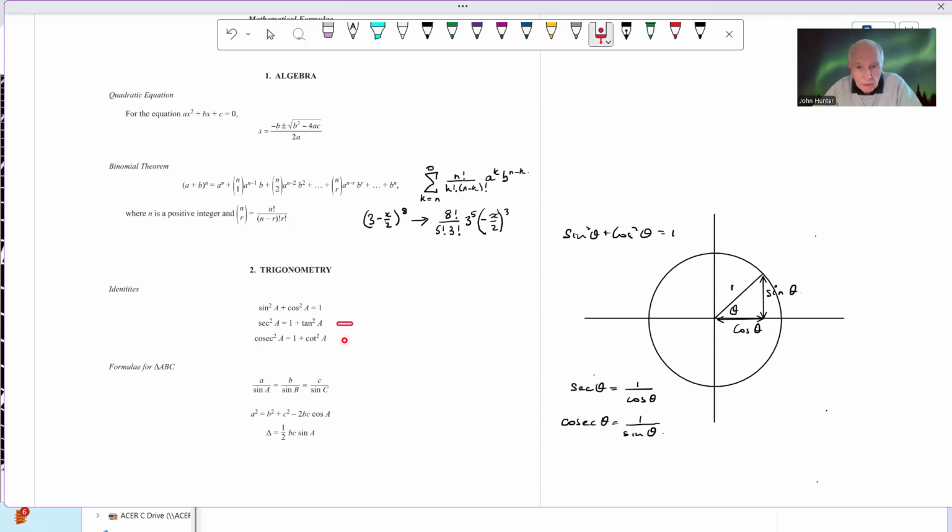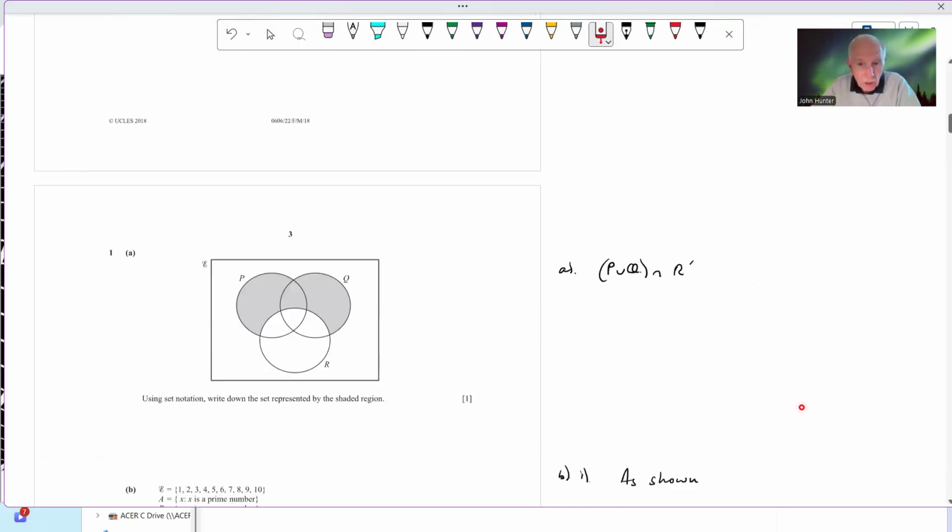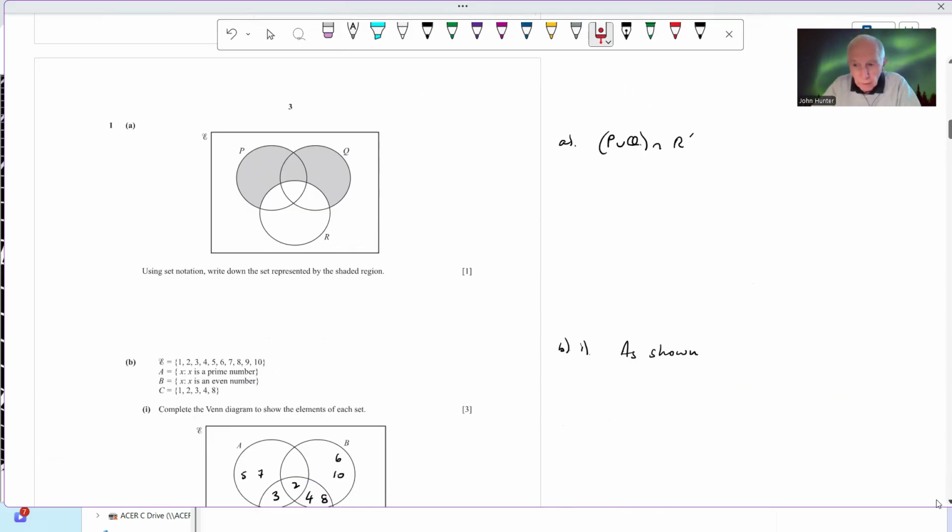So these are basically derived by dividing this one through by either sine squared theta or cos squared theta. We don't see this version of it too much, but this one we do see quite a lot. Both of these we see a lot in various contexts. So that basically is how we get these identities.